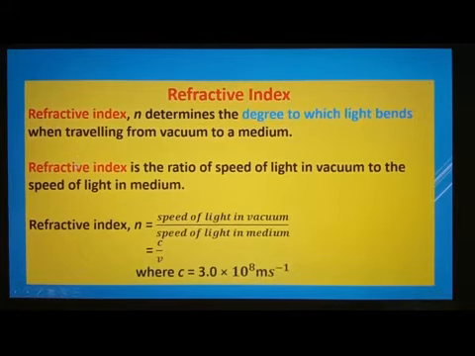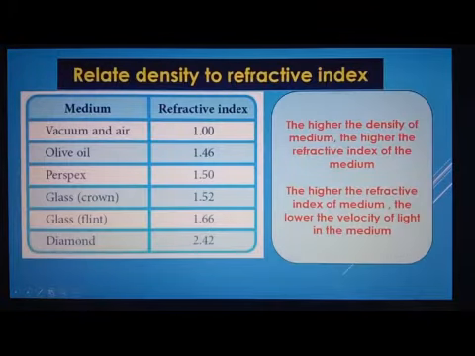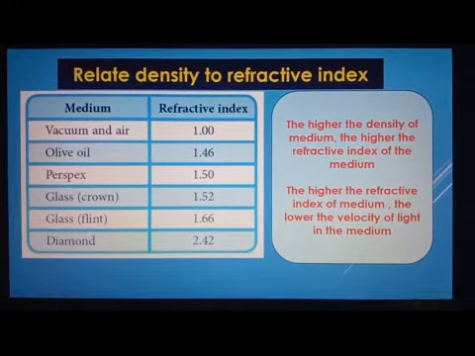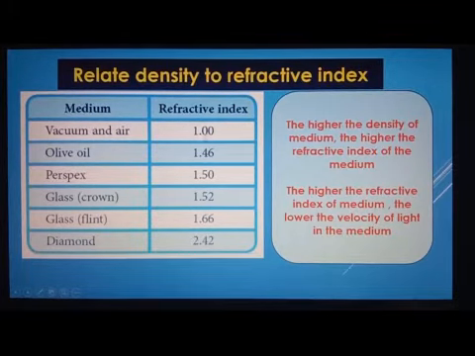Now I introduce two formulas for you to calculate refractive index n. How do we relate density to refractive index? As we know, a denser medium will bend the light more, meaning the ability to bend the light is more, or we can say the refractive index is larger. Look at the table: vacuum and air, refractive index n equals 1. Olive oil is 1.46, perspex 1.50, glass 1.52, flint glass 1.66, and diamond, the densest one, 2.42.